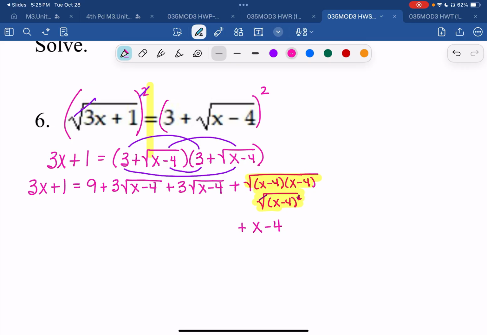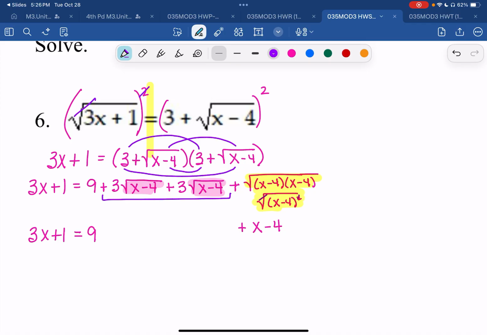So let's clean everything else up. So I've got 3x plus 1 coming down. I got 9. Now, these two have the same radical. Square root of x minus 4, and square root of x minus 4.